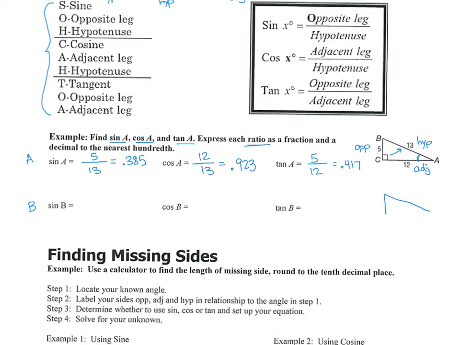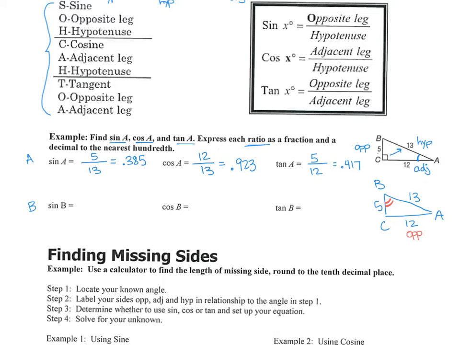So now to do the next three, you need to focus on angle B instead of A. Let's redraw the exact same triangle you see above. This is my A, this is B, this is C, this is the 5, this side's 13, and this side's 12. This time, I want B to be the angle I'm focused on. So I'm going to label my triangle based on B. So my 12 is now opposite.